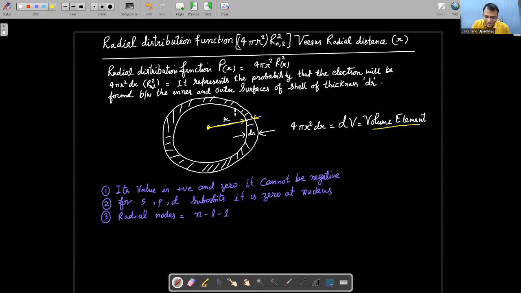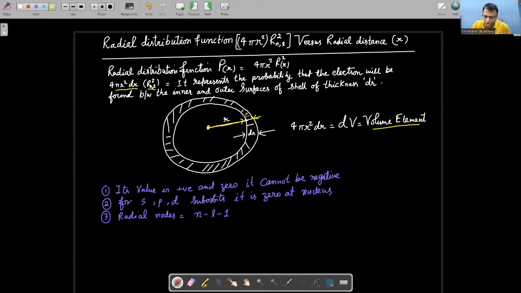So 4 pi r square dr into radial wave function square, this is radial probability density. If I multiply radial probability density with volume element 4 pi r square dr, it will give you the probability of finding electron in this spherical shell.